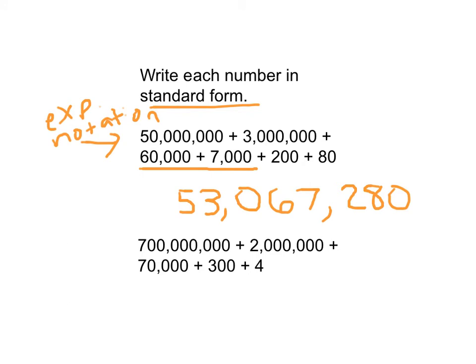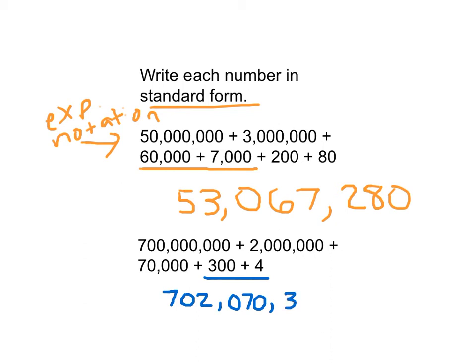There's another problem right there. Again, we'll go period by period, starting in the millions period. We get the numbers 7, 0, and 2. In the thousands period, there's only a 7. It should be worth 70,000. So we'll go ahead and place it as follows. A 0, 7, 0. Finally, we have the 300 plus 4 in the final period.